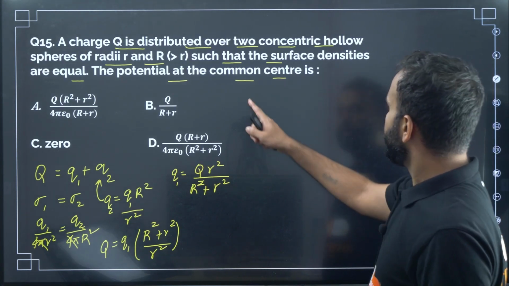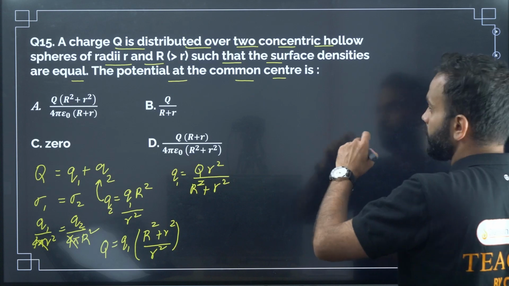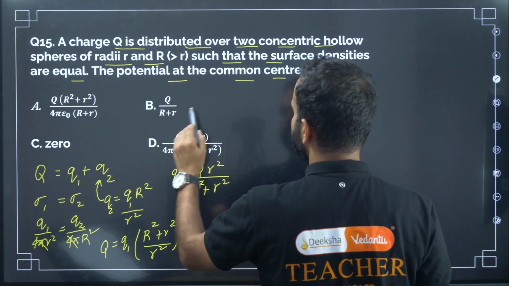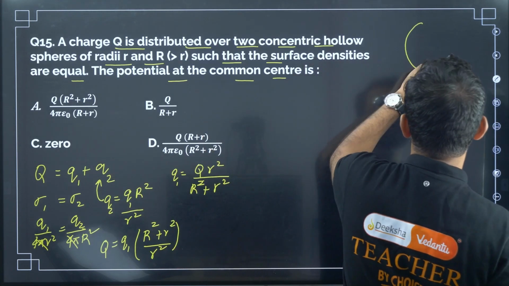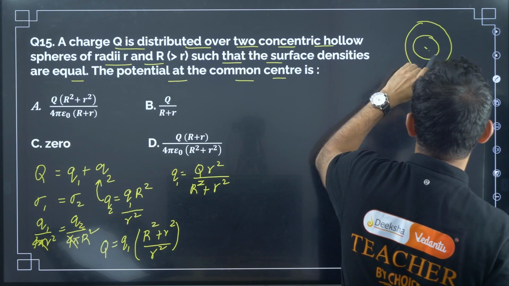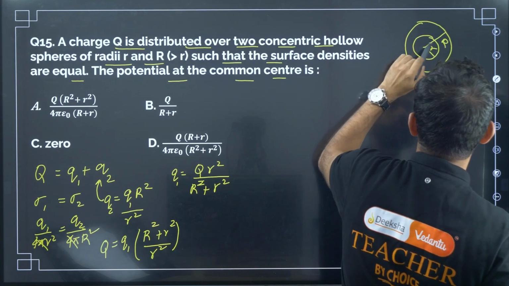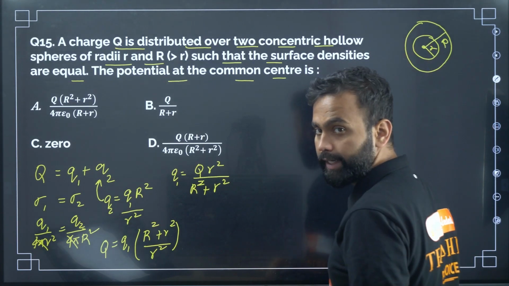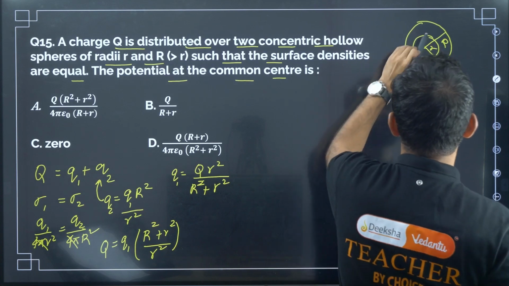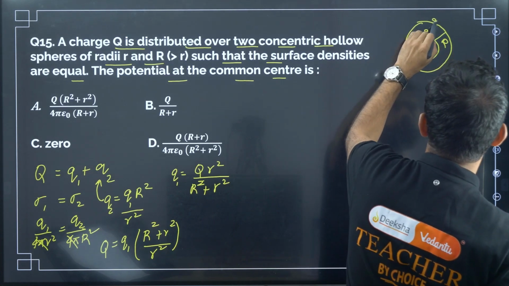So here we need to find the potential at the common center. Okay, let us draw the diagram. Here, these are the two hollow spheres, small r and capital R. So we need to find the potential at the common center, where we have Q1 and Q2.